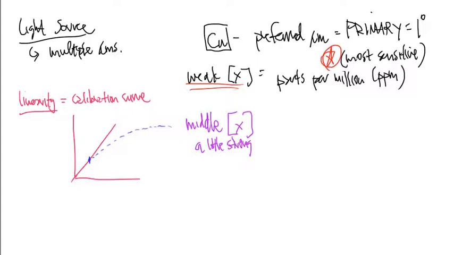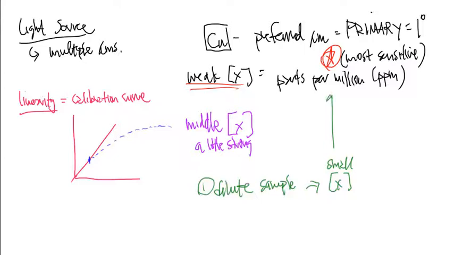So there's a couple of ways that I can fix this. One of the ways that I can fix it is I can dilute the sample. And I can dilute the sample to get a very small concentration that would work on the primary wavelength. As long as I'm not out of that linearity range, as long as I'm underneath that concentration level, then I can feel good about the data.